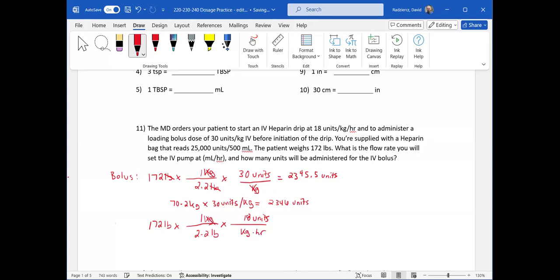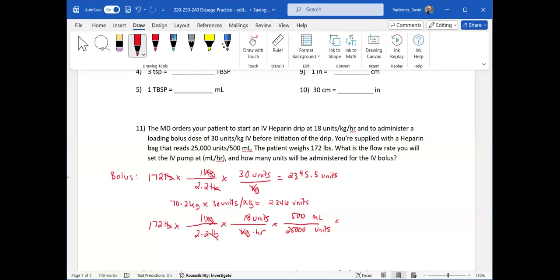Kilograms cancel out, pounds cancel out. Then we want to convert units per hour to milliliters per hour. That's where your IV comes into play: 25,000 units, 500 milliliters.